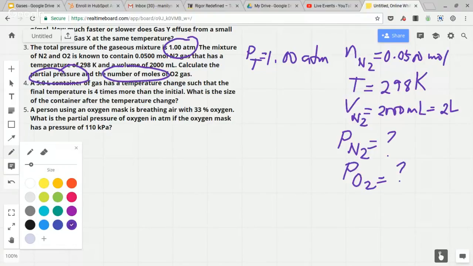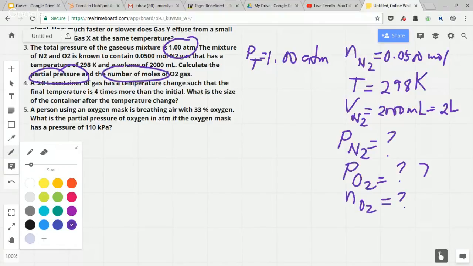So PT is 1 atmosphere. Moles of N2, temperature and volume are all also mentioned in the problem. We're asked to get the partial pressure of O2 and the n of O2.